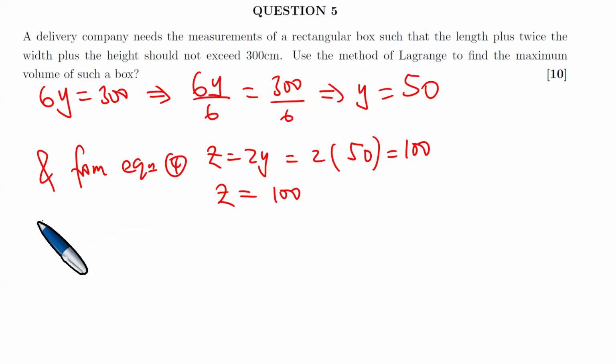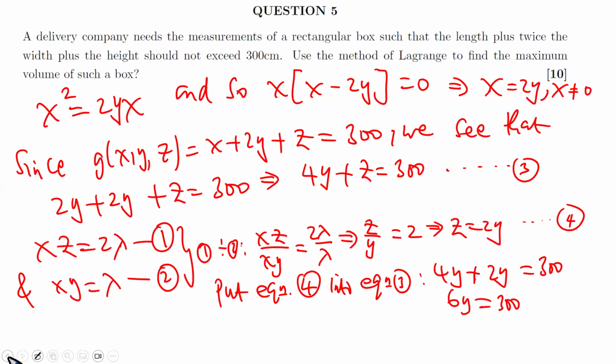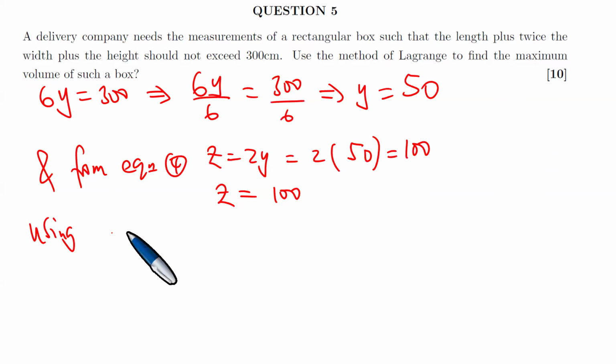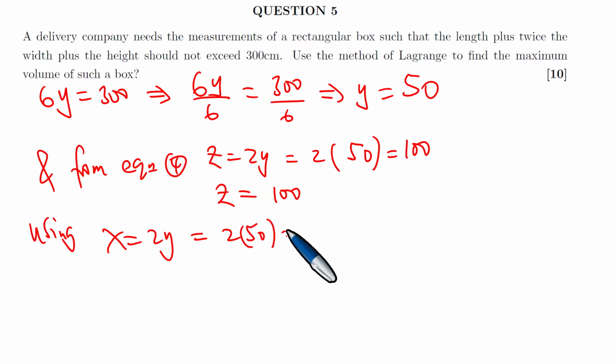Using one of the equations, you can pick any equation that has x in it. Like this one, x is 2y. So we're going to use that one. Using x is 2y, you have 2y is 50 and 2 times 50 is 100.